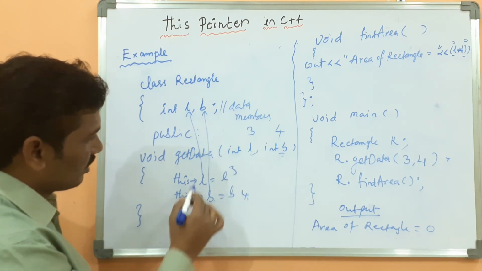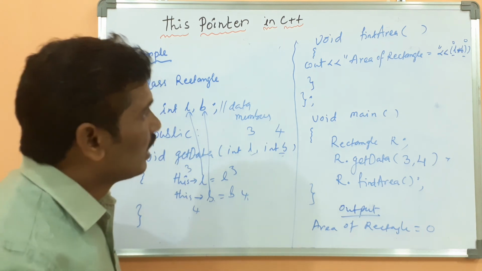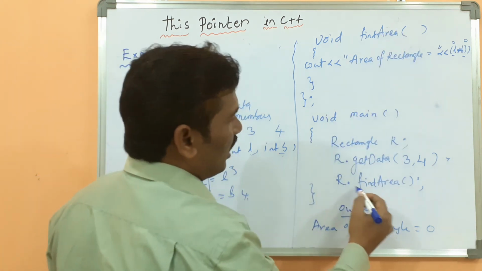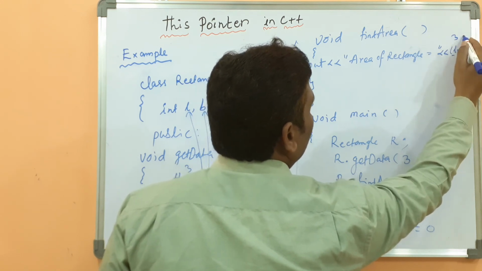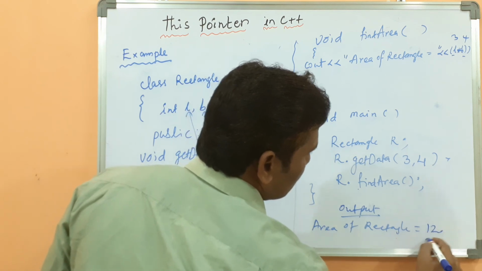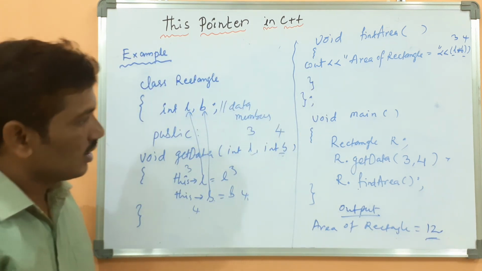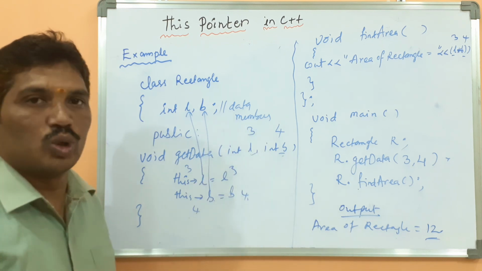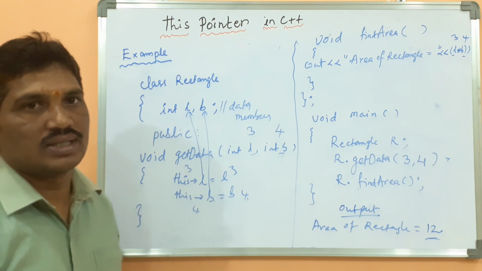Then the L value, here 3 and 4. Then if you call R dot find area, what is the value? 3 and 4. What is the output now? I hope it is clear. This is a simple example about the this pointer concept in C++.